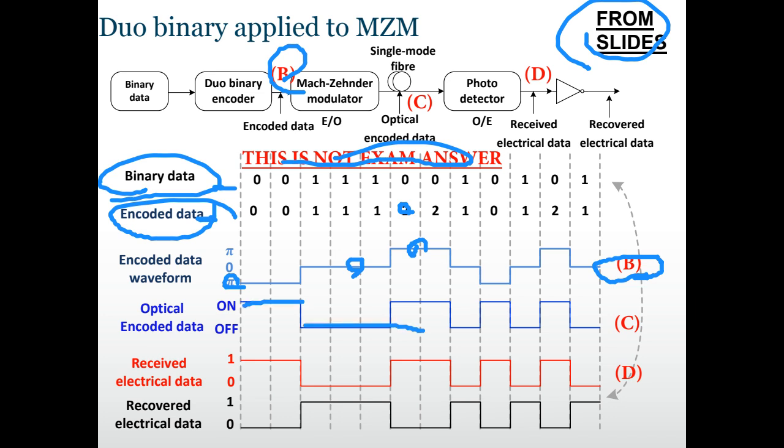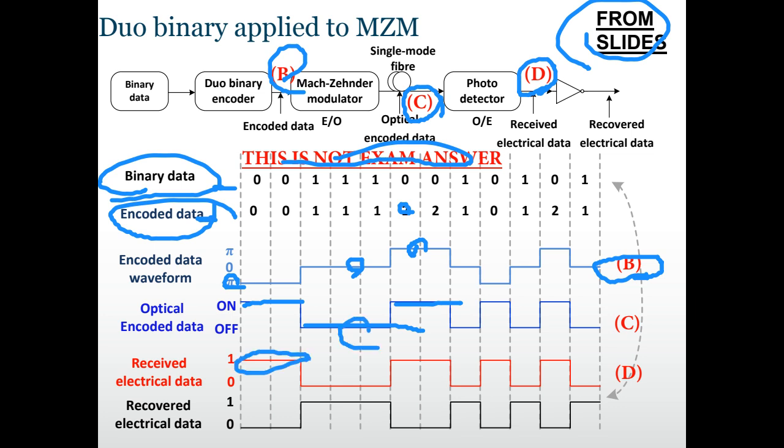So this is C, and then point D here is the electrical output of the photo detector. So we have on decoded as 1, off decoded as 0.